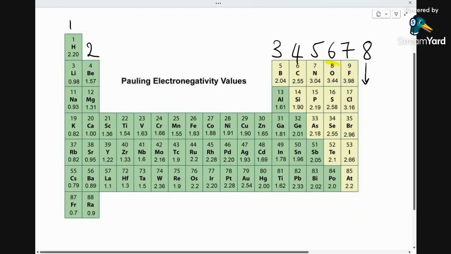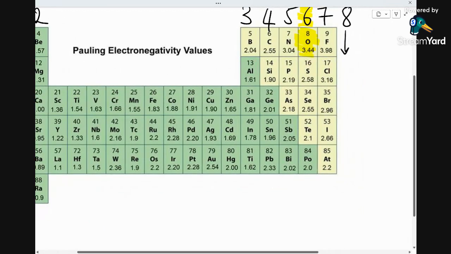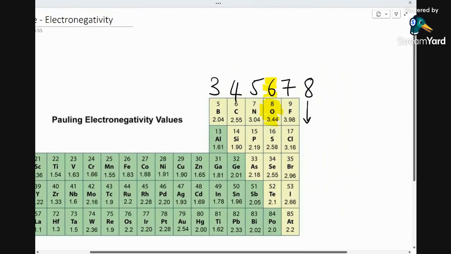Oxygen is sitting happy over here in group 6. That means it has 6 electrons in its outer shell, so to get to the full 8 that it wants, it has to therefore gain 2 electrons to get to 8 in its outer shell.